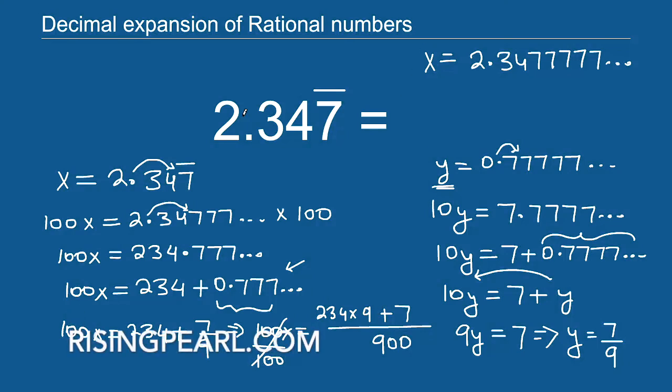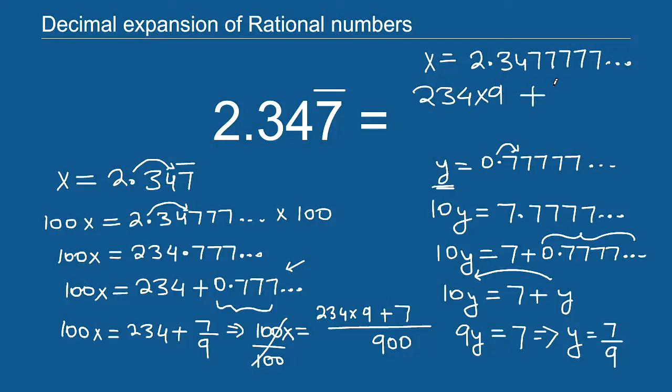In other words, this expansion in rational number form will look like 234 times 9 plus 7, entire thing divided by 900. I'm not going ahead and fully solving it, but you see that when we actually solve, we can definitely get this in the form of p by q. So this is how we solve these types of problems.